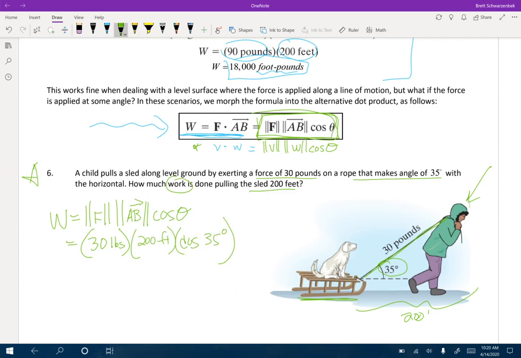If you put this all together and do the calculation, you're going to get approximately 4,914.9 foot-pounds. This would be the work done on the sled by the person pulling it.